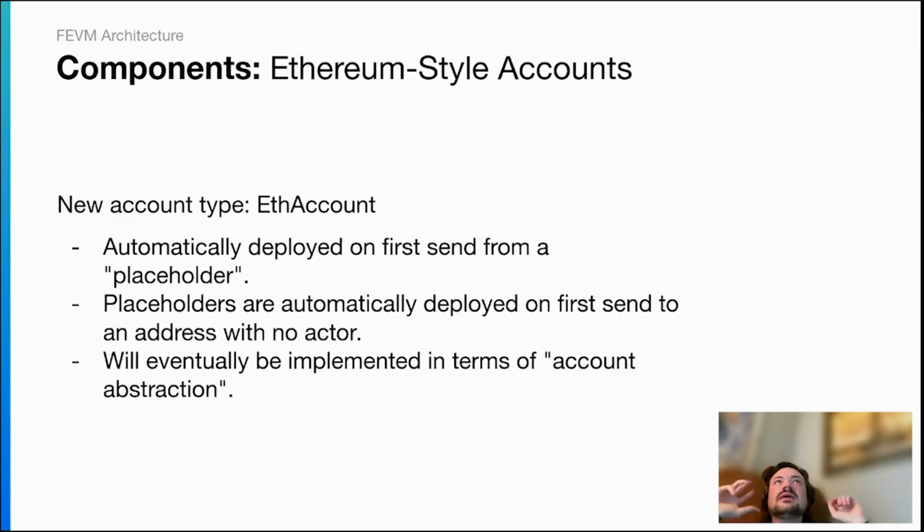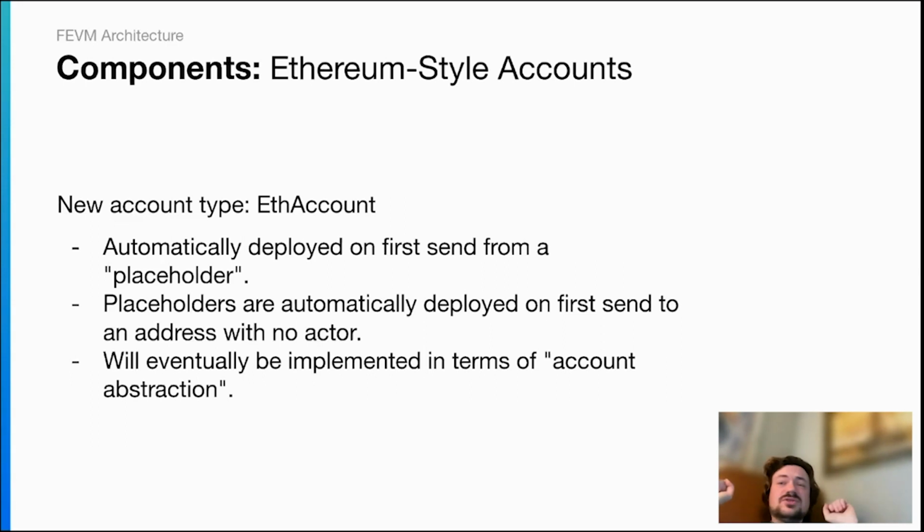Then you can treat that placeholder as an account and try to send a message from it. If you successfully send a message from that account, because you've signed this message correctly, such that the message would have been correctly signed if an account had been deployed to that address, the FVM will then automatically deploy an account to that address for you on first send from that address.